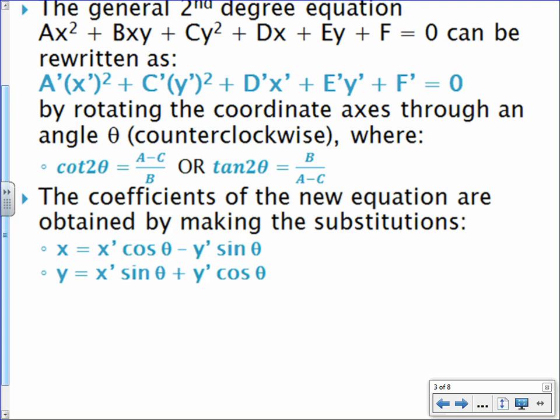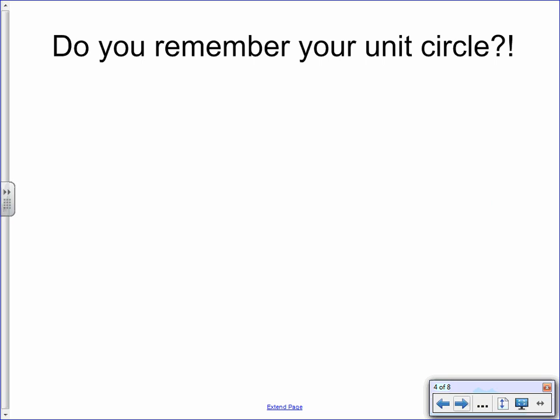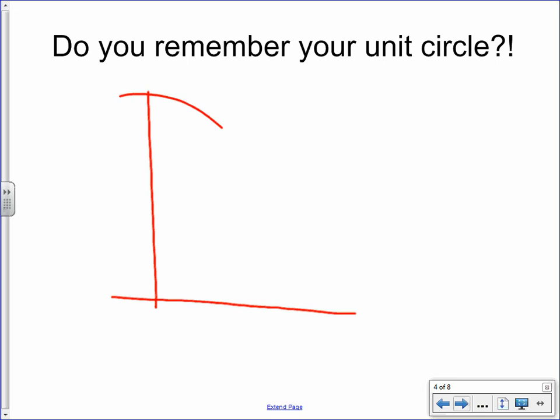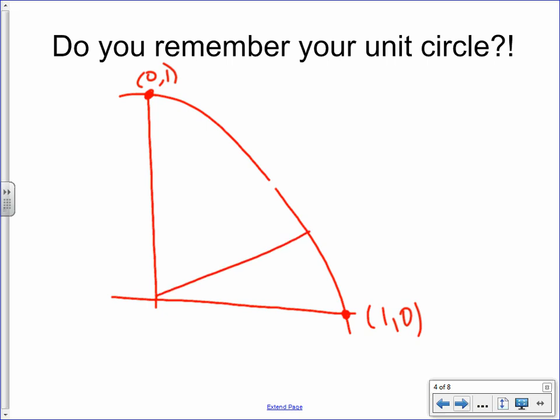Has everyone written down what they need? So, first quadrant. What point is this? How about 1, 0? What point is this? 0, 1. So at 0 and pi over 2. At pi over 3, at pi over 6, excuse me, what's our coordinate?